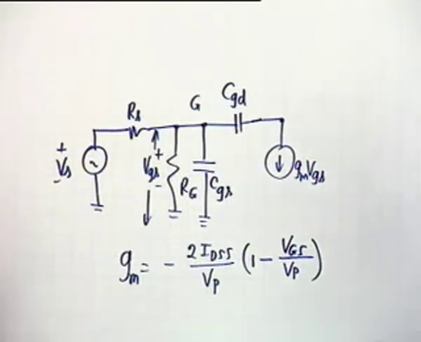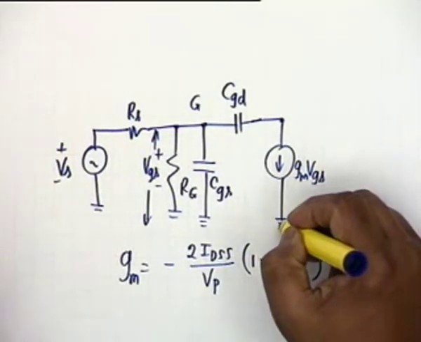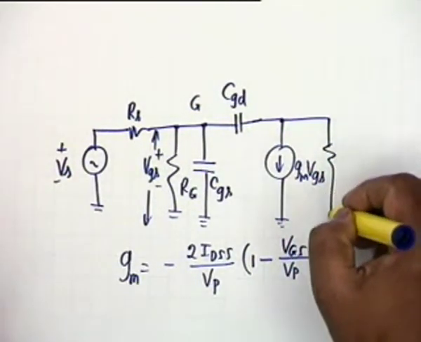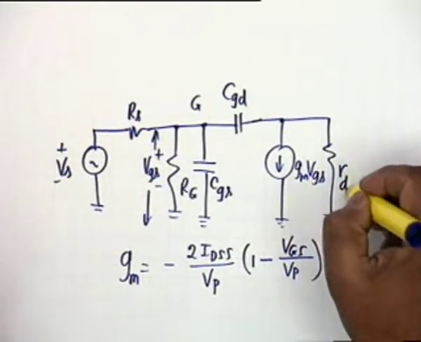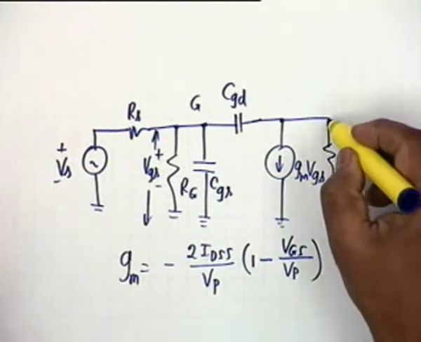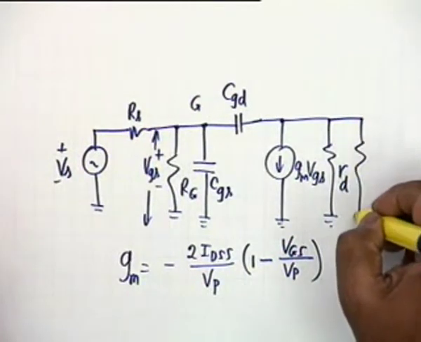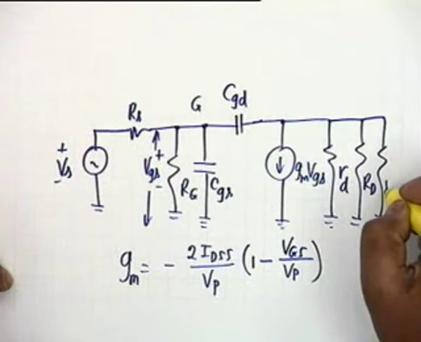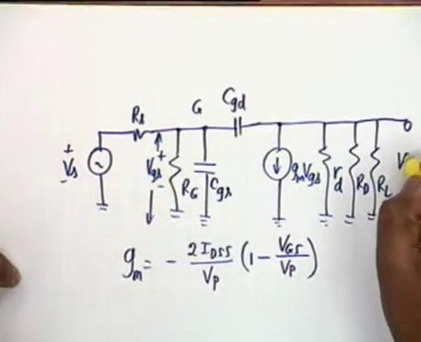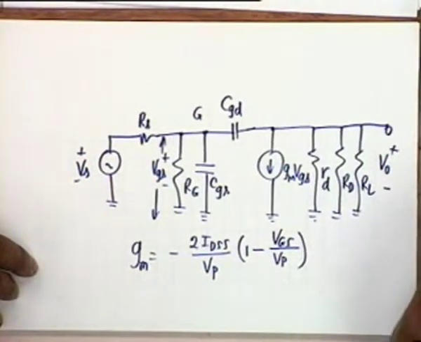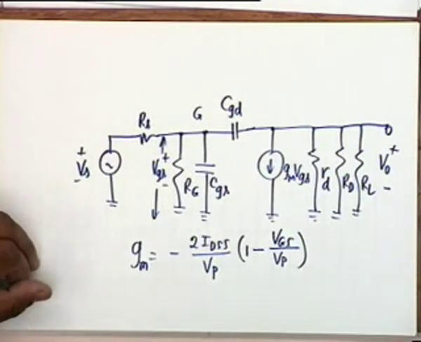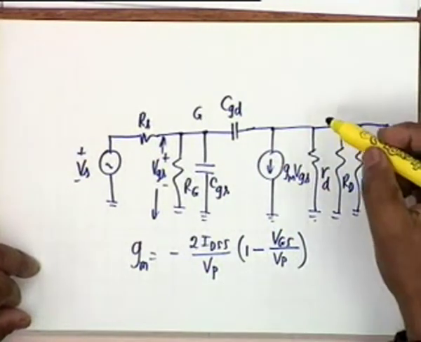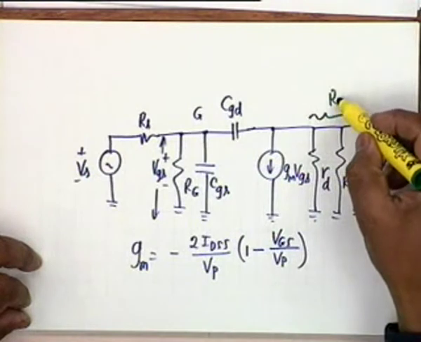Okay. Then this goes to ground. What do we have here? A dynamic rd, dynamic drain resistance, and we have the parallel combination of RD and RL. This voltage is V0. As usual, we effect simplification by combining this into RL prime.